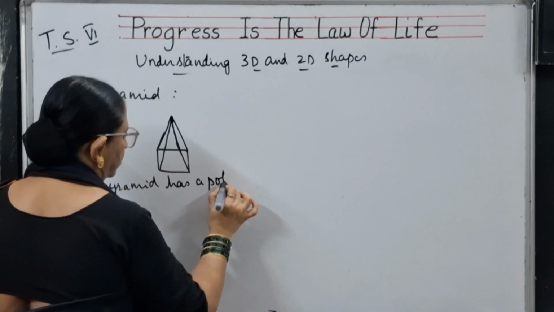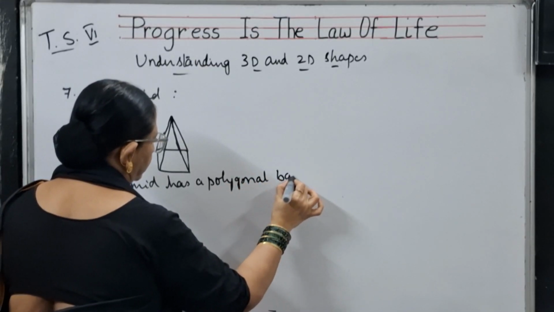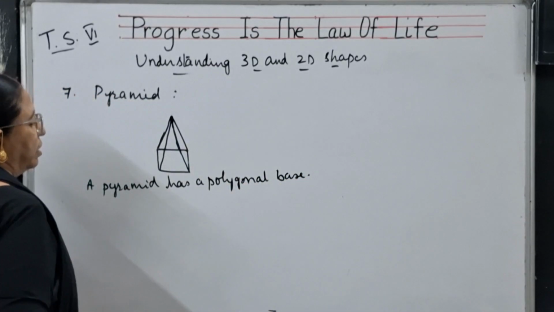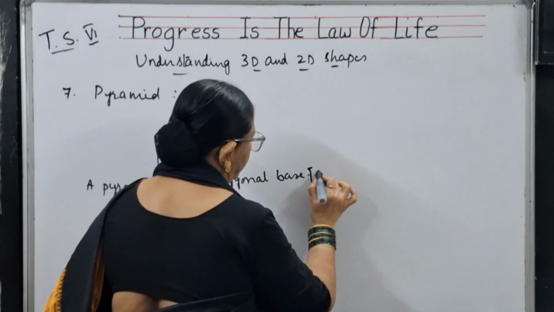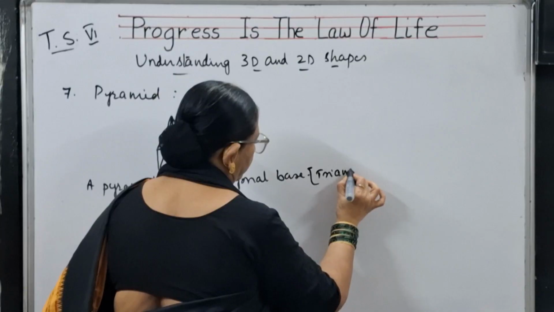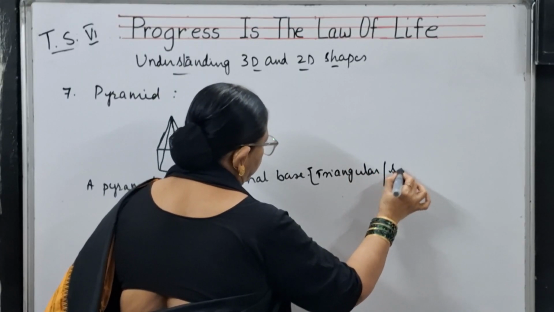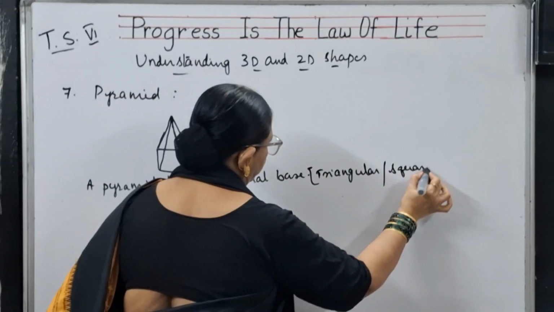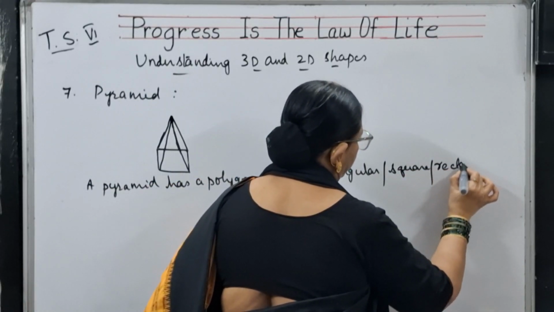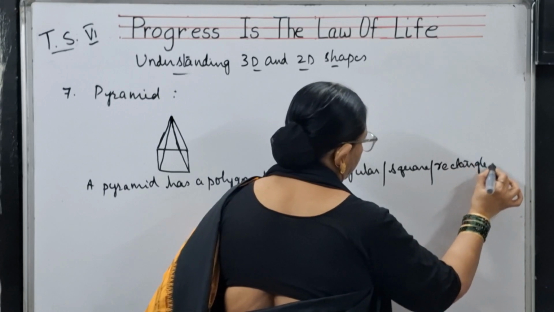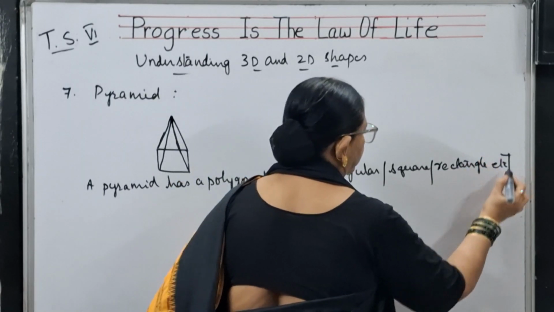A pyramid has a polygonal base. That means what, children? Sometimes it may be triangular, or it may be a square, or it may be a rectangle, etc. A pentagon, a hexagon, anything it can have.